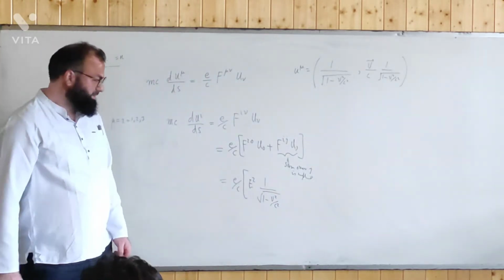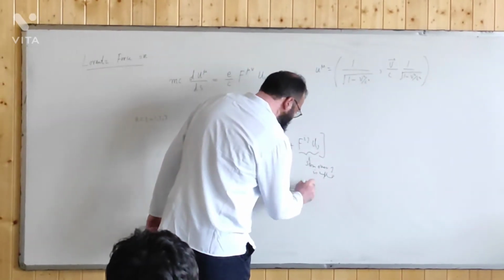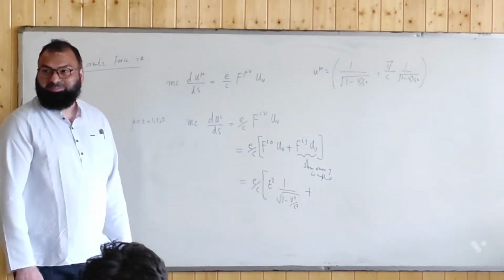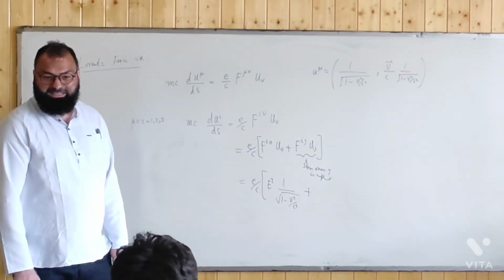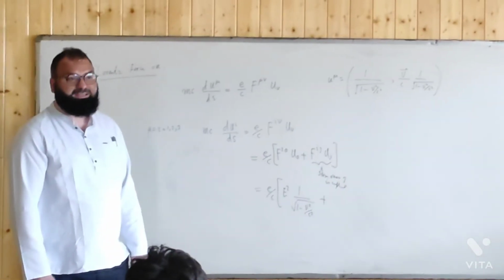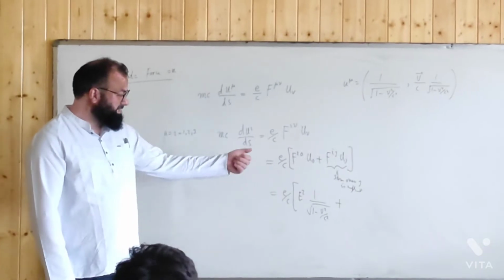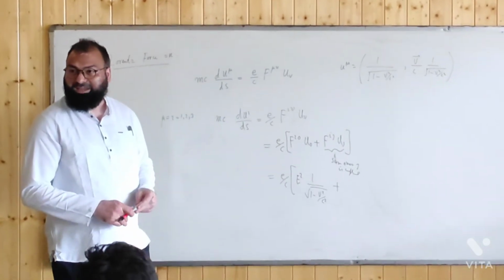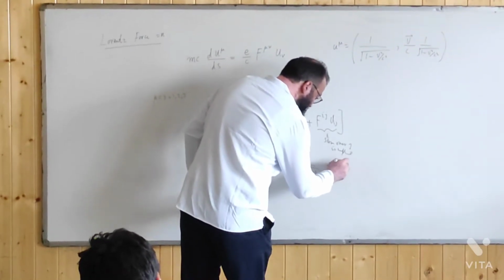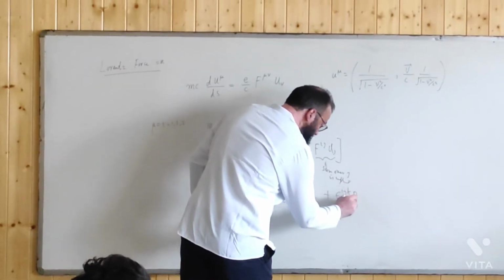Now what is F^ij? What is the ijth component of F representing? These are the components of the magnetic field. So how are they related to the magnetic field? F^ij is epsilon ijk B_k.